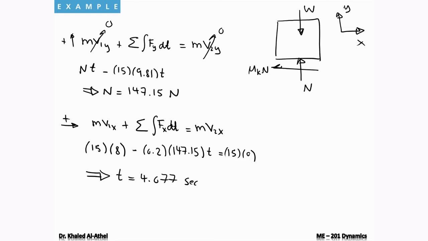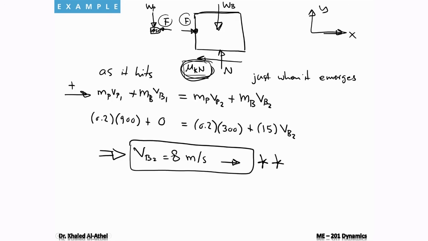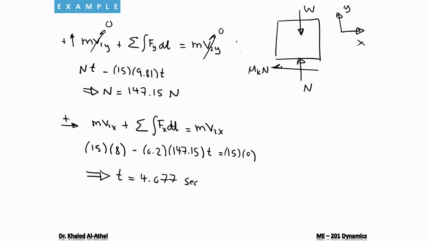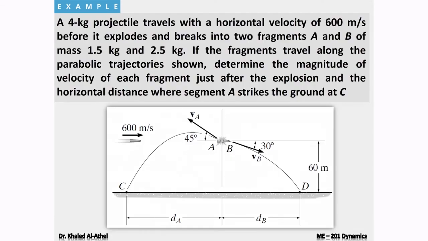Okay, and this solves the problem. I mentioned in the objectives that we want to use the conservation of momentum along with the principle of impulse and momentum. We use them both together to solve the problem.